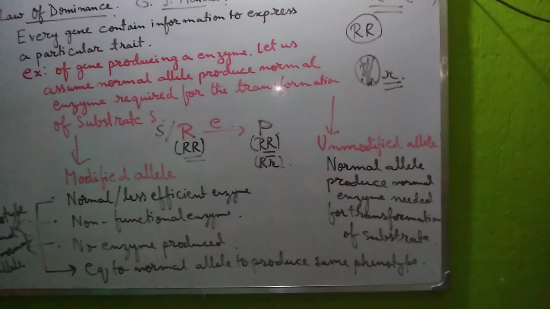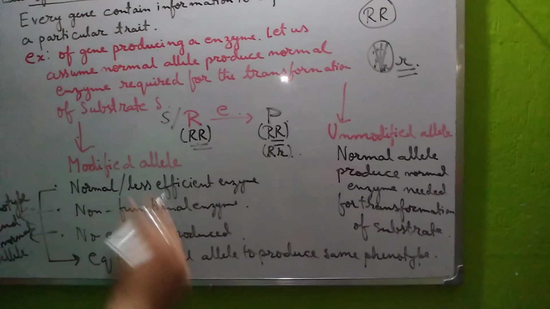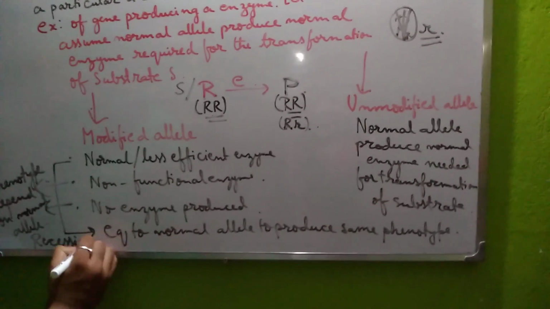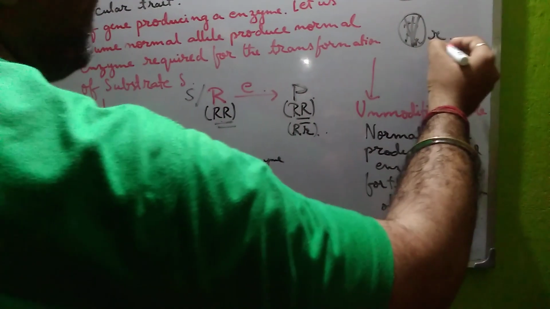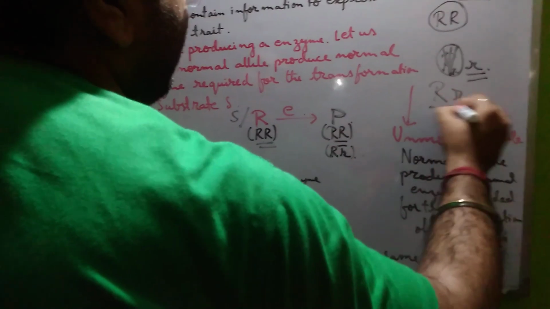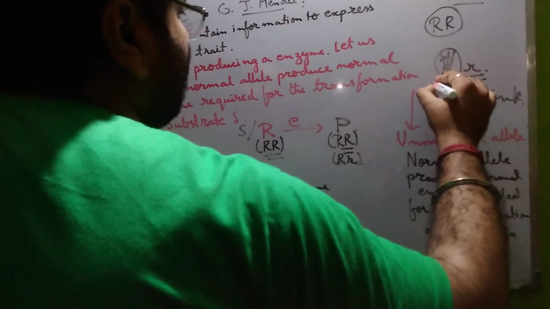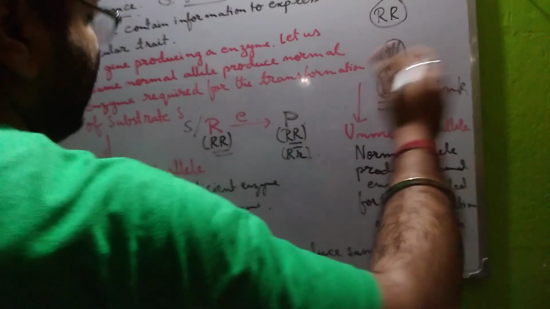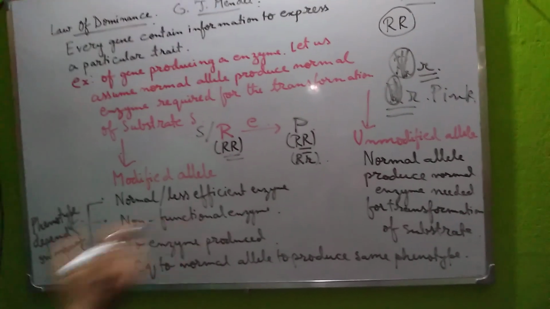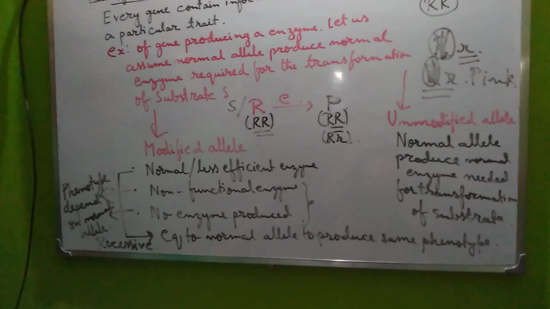This small r. So that is what we are calling a non-functional enzyme, or we are calling it a recessive one. Recessive one means at that time which one will be representing the phenotype? This small r, like capital R and capital R, small r represents pink, deep pink. Now if suppose this one is non-functional, then which one will be representing its phenotype? The small r. So small r over here is the recessive one. So this is what we are talking about, non-functional enzyme or no enzyme produced.